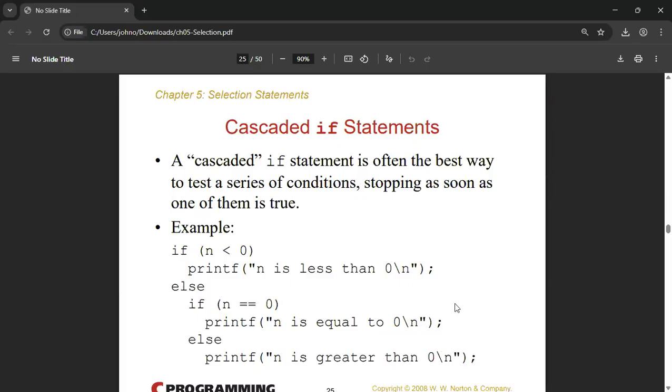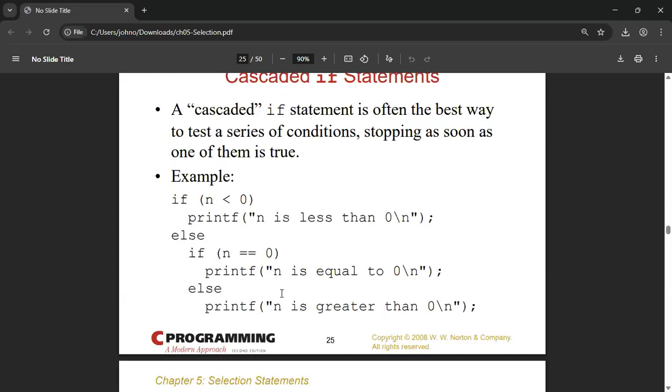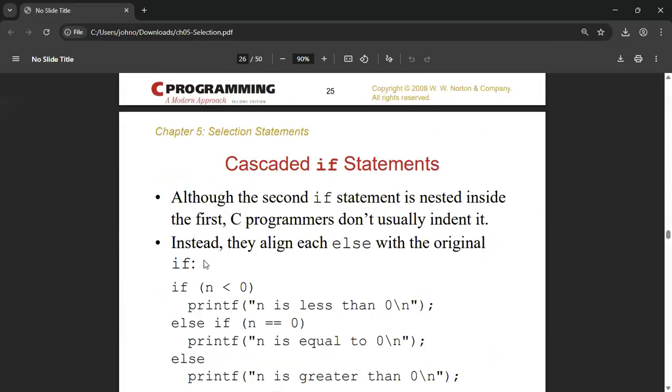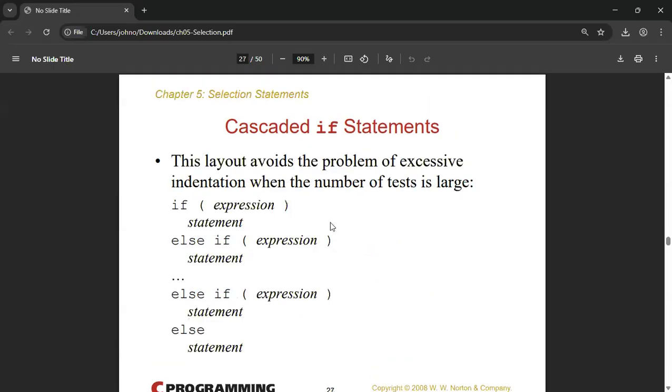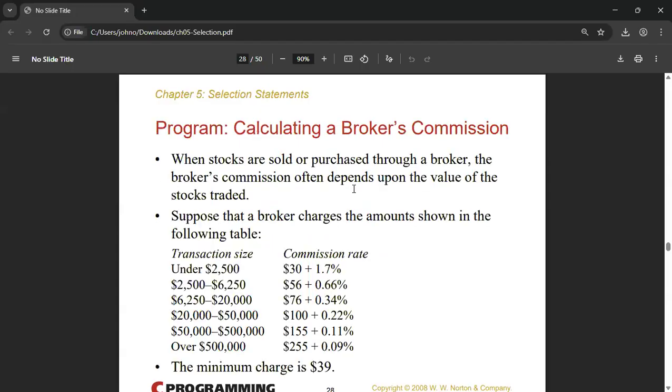You have to scroll horizontally also. Because of that, programmers don't do that. They simply bring the if up to the front of the else. So this layout avoids too much indentation if you have many cases to test.